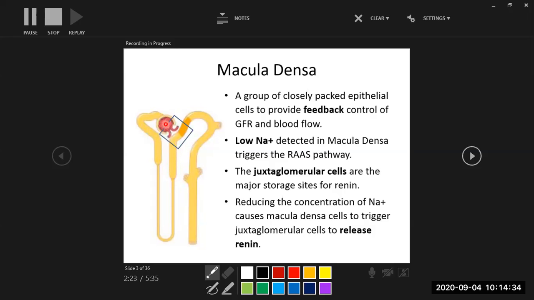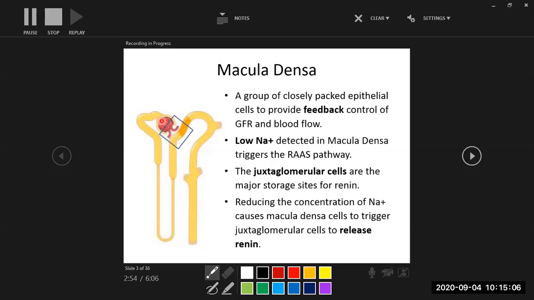So if the urine goes through this pathway and comes back here, and these cells experience low sodium, then it will trigger the nephron to cause a stronger filtration, because if the filtered amount is low, then the sodium here is low.